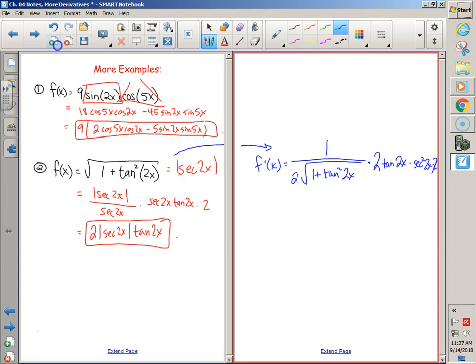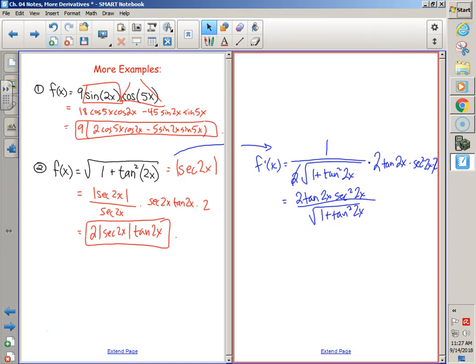That 2 simplified with that 2. So then you would end up with a tangent of 2x secant squared of 2x all over, up top, right? A 1 plus tangent squared of 2x.